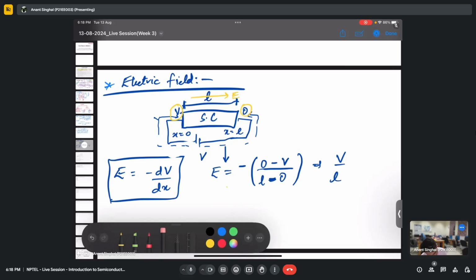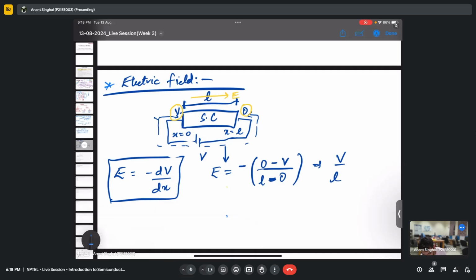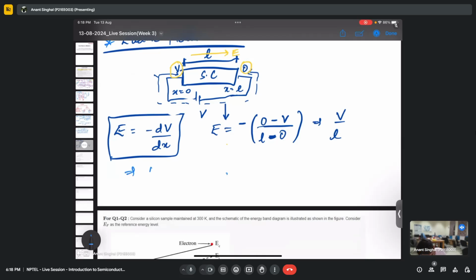Now if I continue, electric field will always exert a force on charge carriers. That is F equals qE.